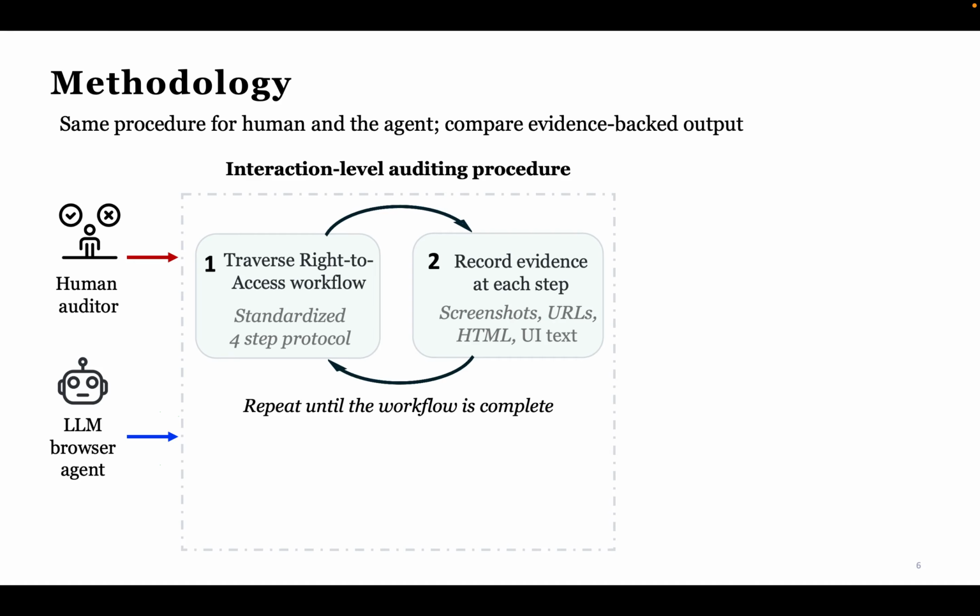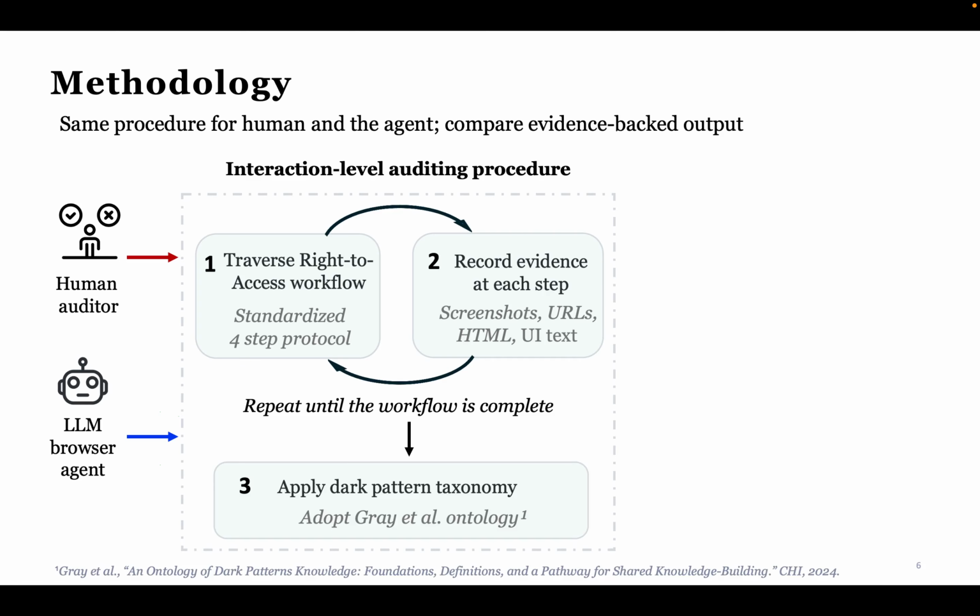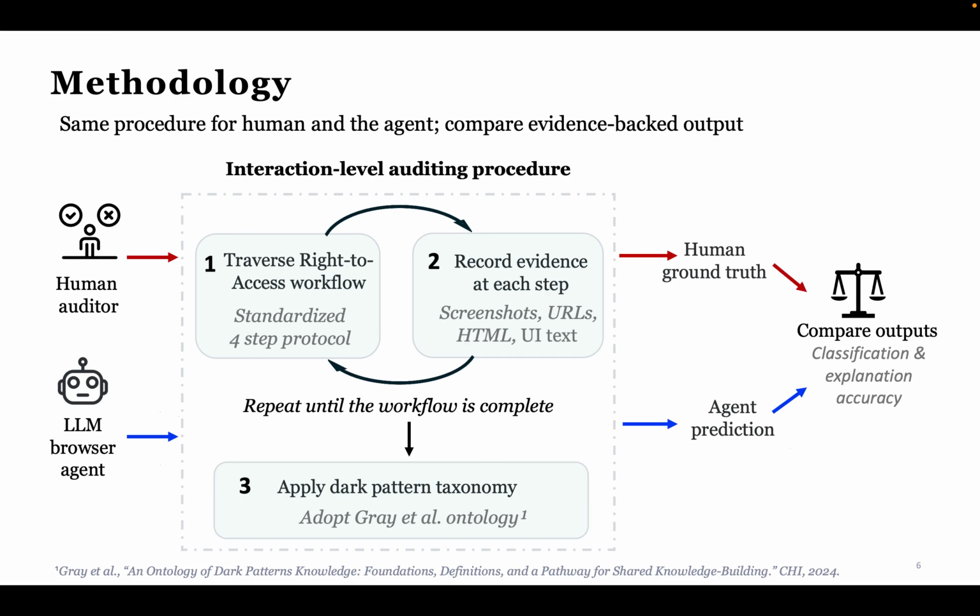This traverse-and-record process is repeated until the workflow is complete. Finally, the human auditor and agent map the full interaction trace to a predefined dark pattern taxonomy adopted from prior work. The human side produces our ground truth labeling. We then compare the agent output against the human ground truth, evaluating both classification and explanation accuracy.